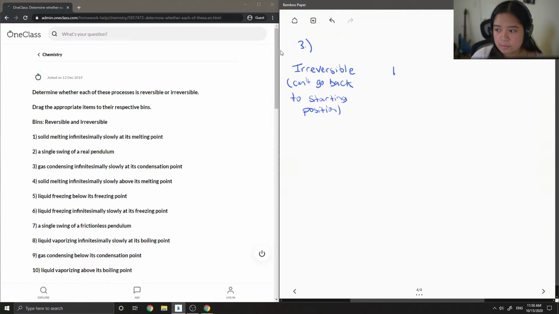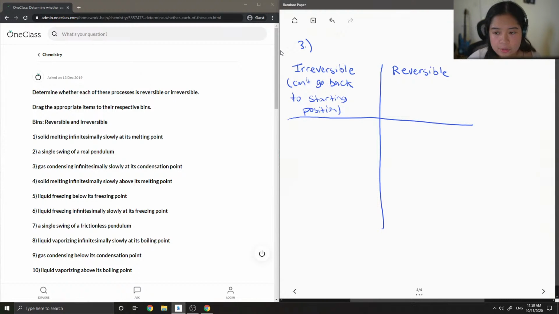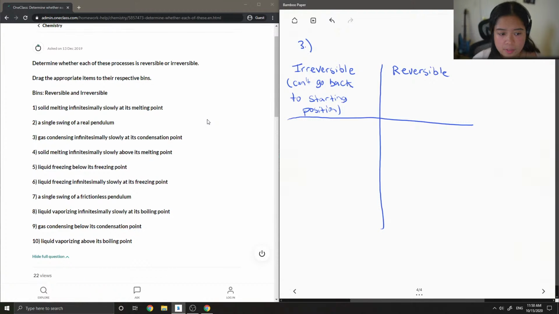And then the opposite of that is reversible. That's pretty straightforward. I'm just gonna make like a graph table, and then we'll go through all the different options.